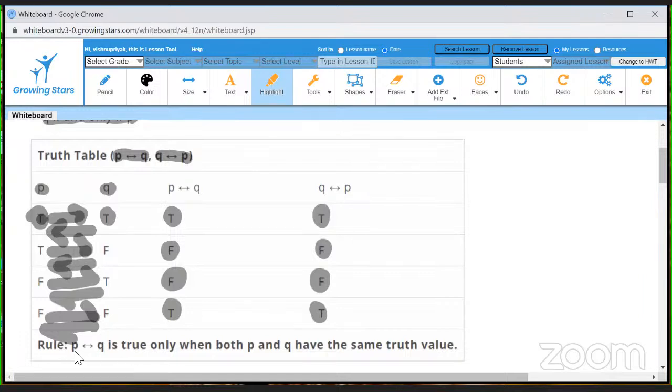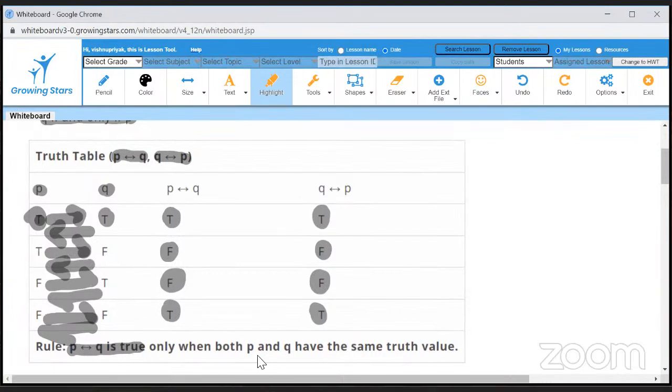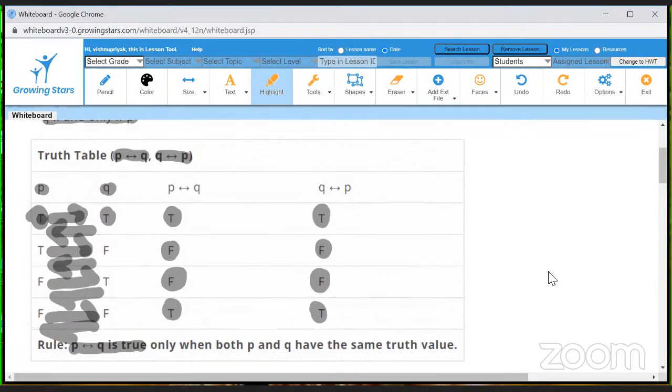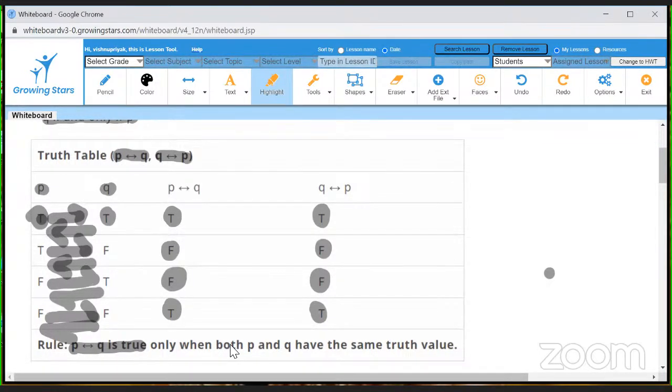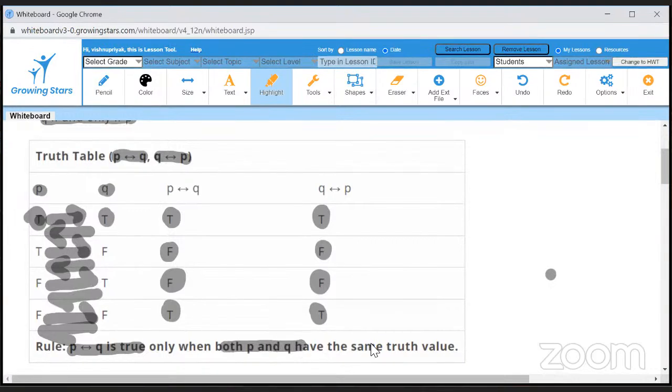So the rule to remember is that P double implies Q will be true only in two cases. What are the two cases? Both P and Q must have the same truth value.